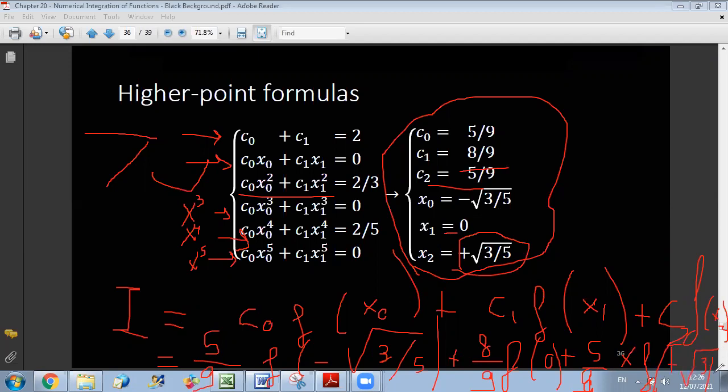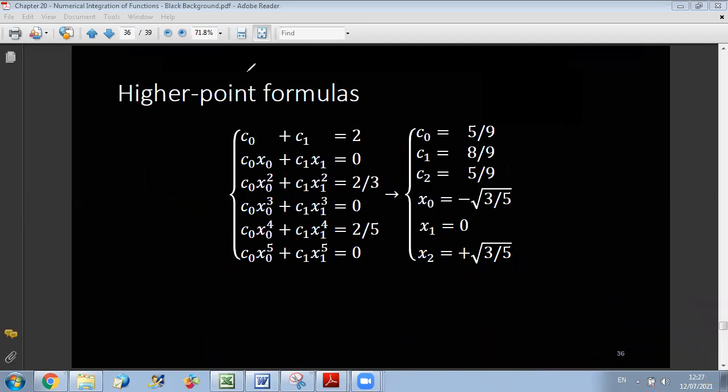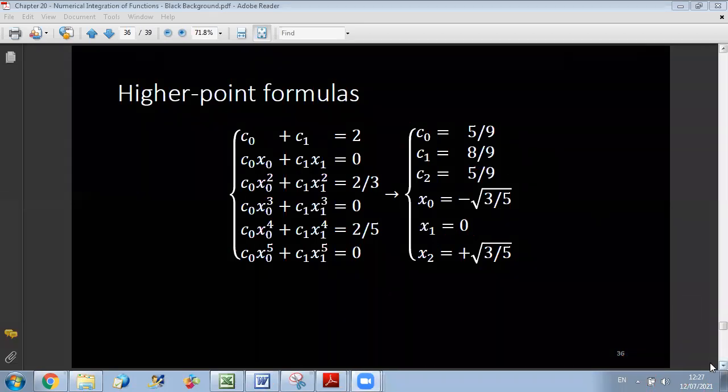Now I will apply this on the same example, and I will see the reduction of error. Of course, now I can expect an error of 0, because this method is accurate 100% up to order 5.